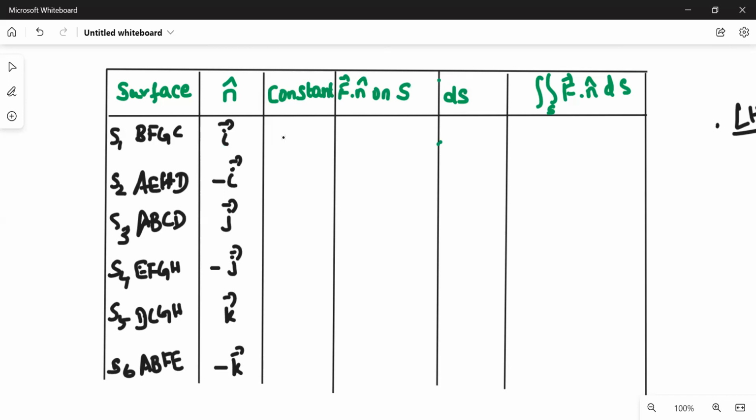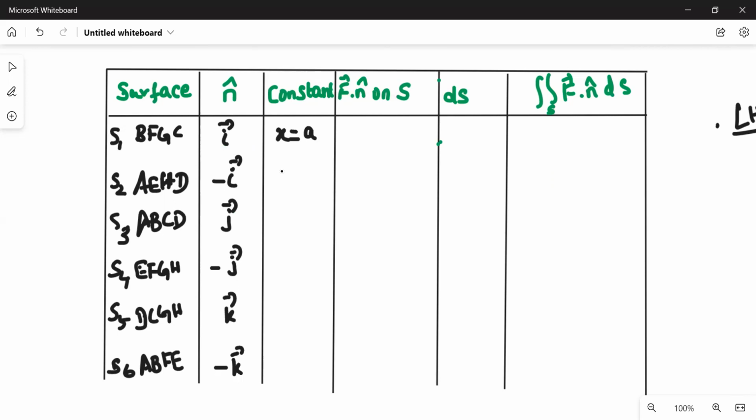Next, let us see which variable becomes constant for that particular surface. The surface S1 is passing through x is equal to a. Then that x is constant here. Throughout the surface it passes through x is equal to a. So x is constant, x is equal to a, and y and z are variables.